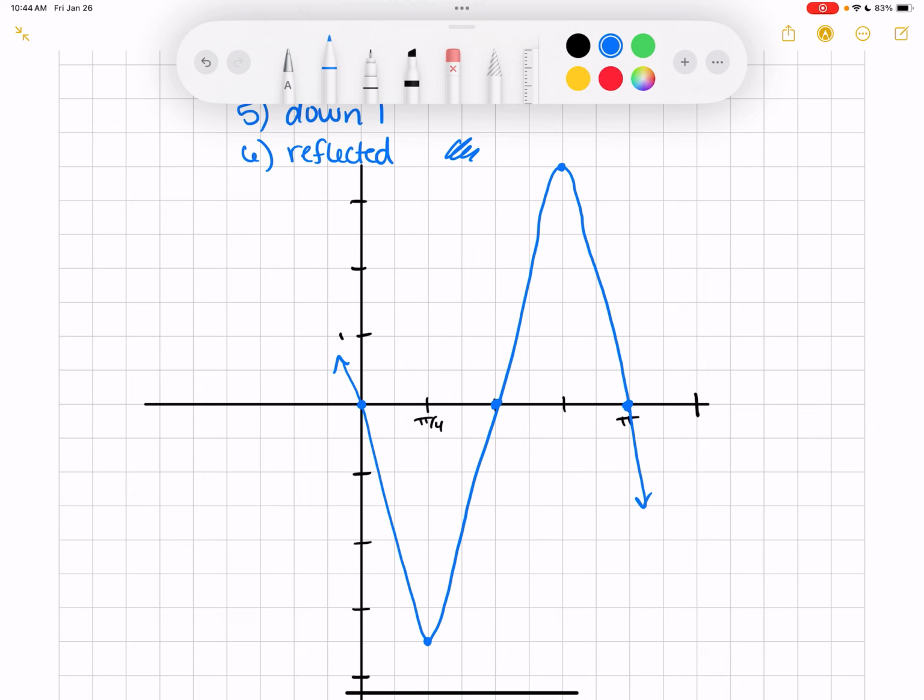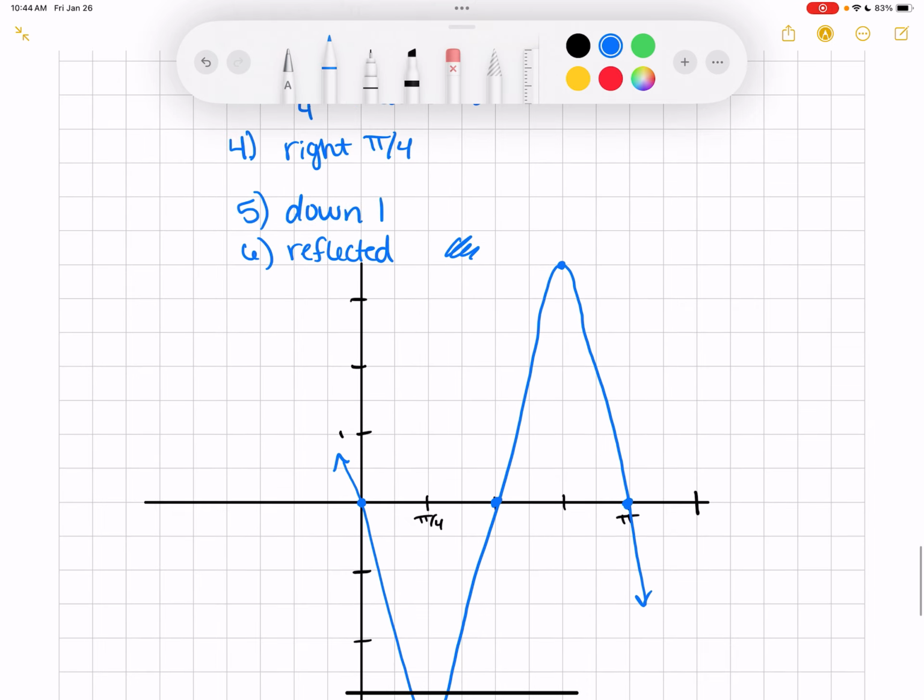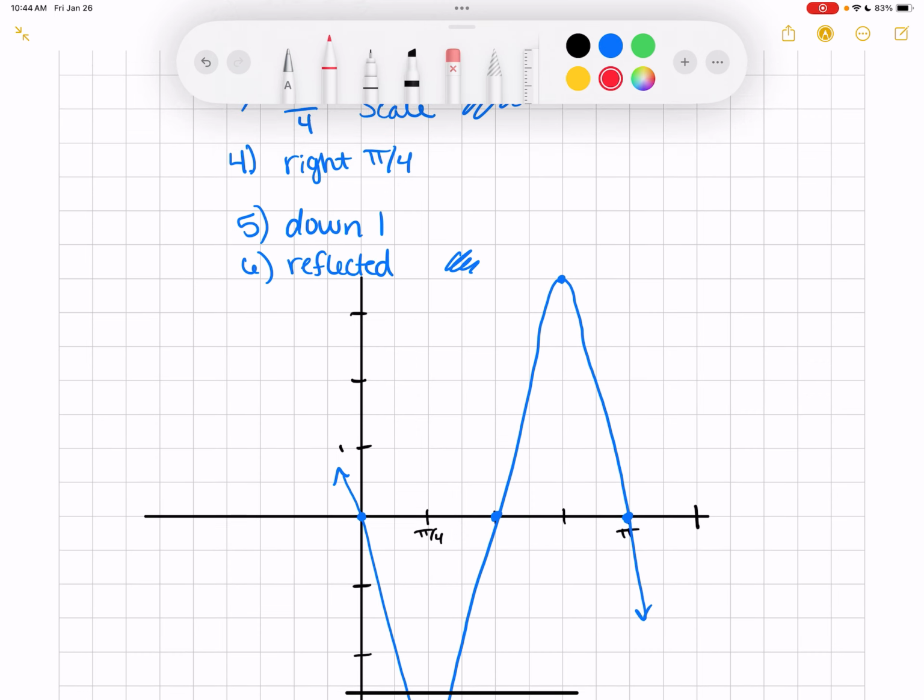All right. So now I'm going to do right pi over 4. So I'm going to do that in red.